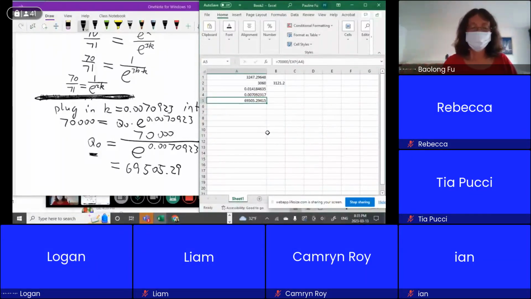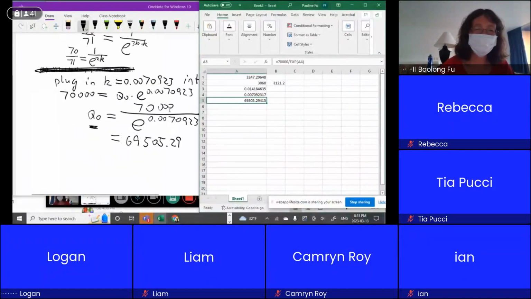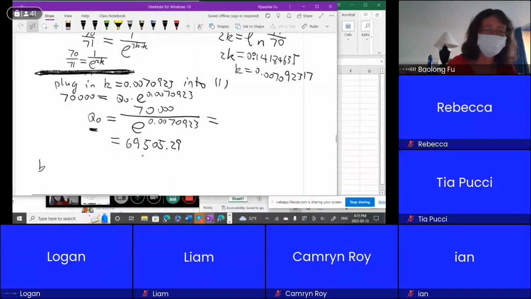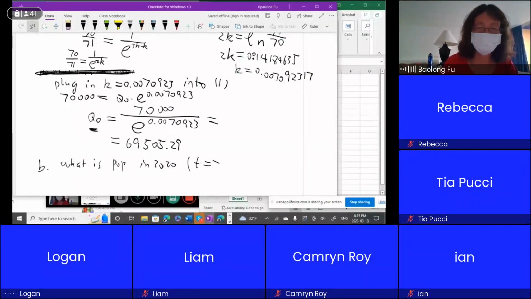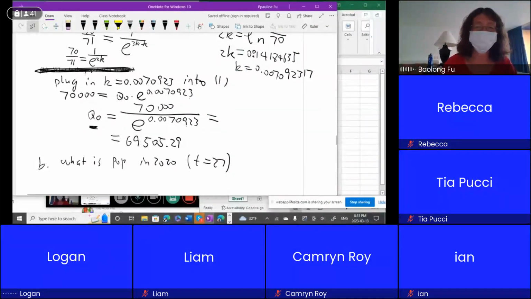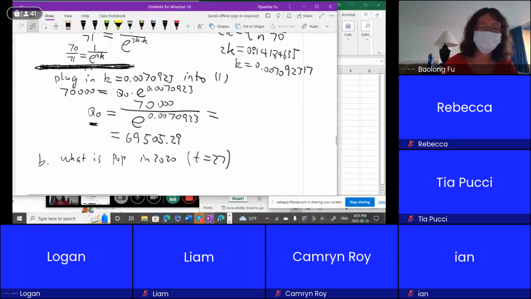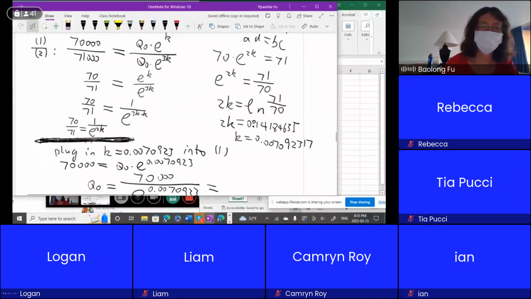Okay, once you got this Q0, do question B. What is the population in year 2020? Year 2020 means T equal to 27. So now plug in the population formula.